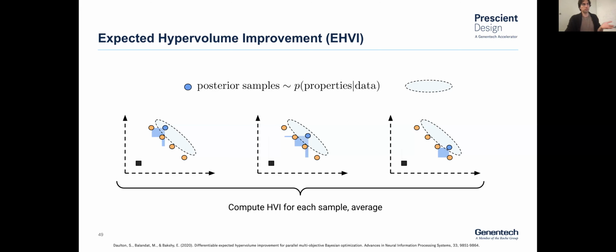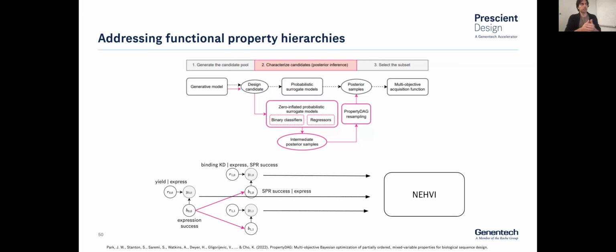To address the hierarchies, we're going to make use of a trick you may have seen before when modeling biological data, this notion of zero inflated modeling, where you break these properties out into a binary constraint, like did the assay succeed or not, and then a continuous value that is the measurement of that assay conditioned on the event that the assay succeeded.